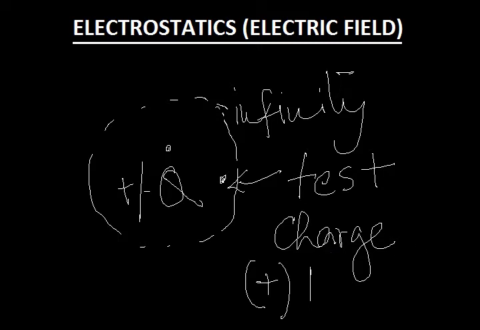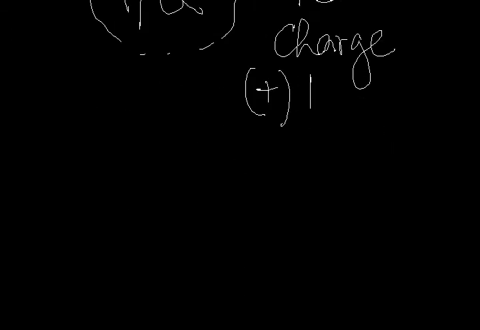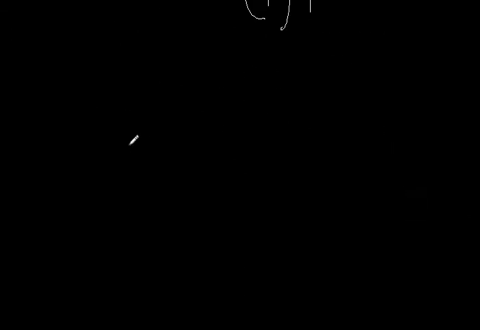Now, as you place the test charge in a field, the charge due to which the field has got created will either attract or repel this test charge, which you now give a value of small q. So you see, if this charge is positive, then this will be pushed further away and it will be repulsive. And if this is negative, then it will be attracted towards the charge.